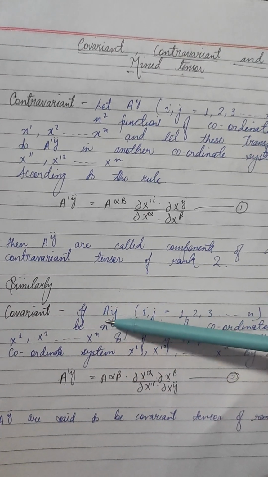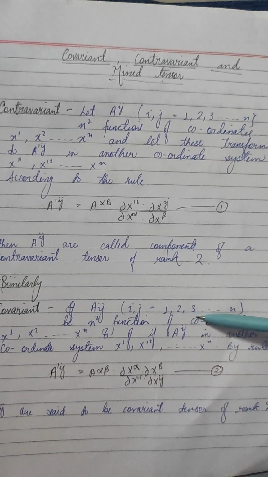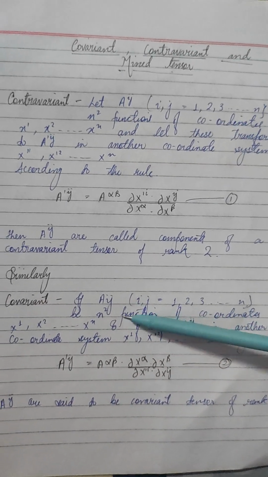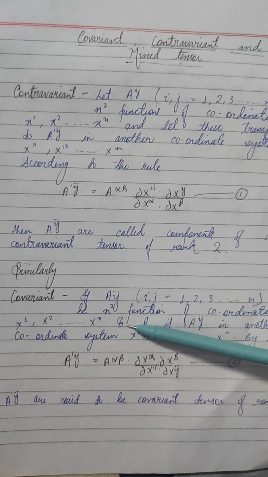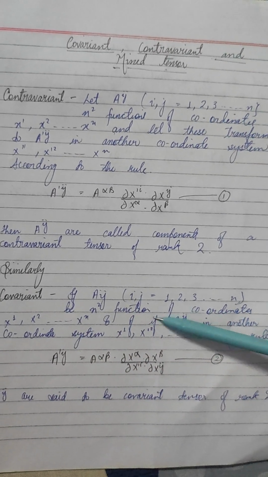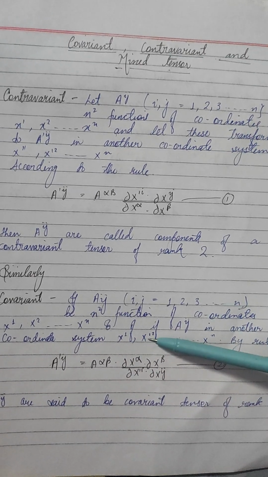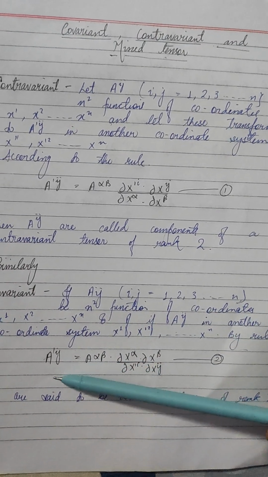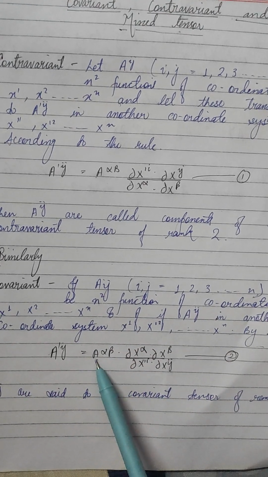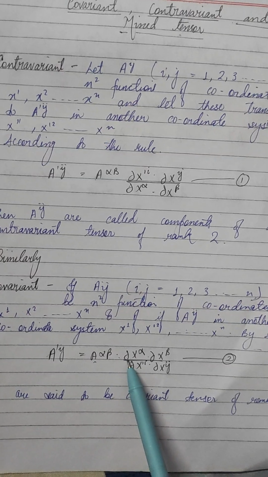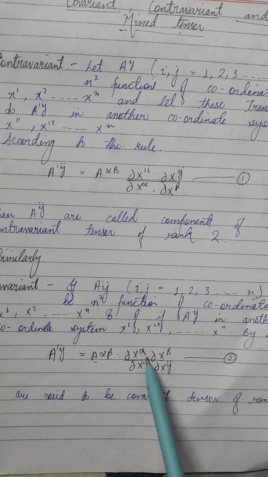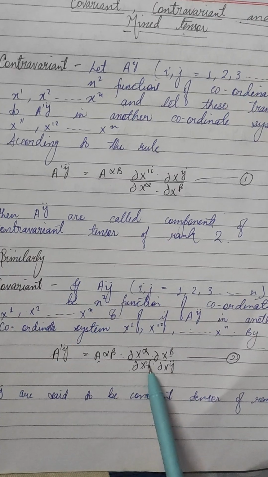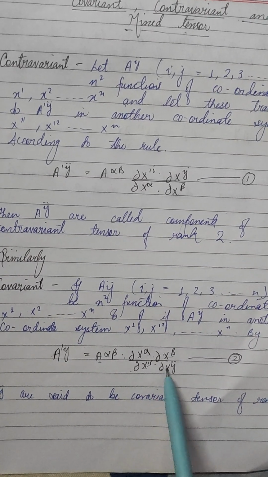Similarly, covariant: if a_ij, i, j is equal to 1, 2, 3, ..., n be n square functions of coordinates x1, x2, ..., xn, and if a_ij in another coordinate system x dash 1, x dash 2, ..., x dash n, by the rule a dash ij is equal to a_(alpha beta) times the partial derivative of x alpha with respect to x dash i into the partial derivative of x beta with respect to x dash j.